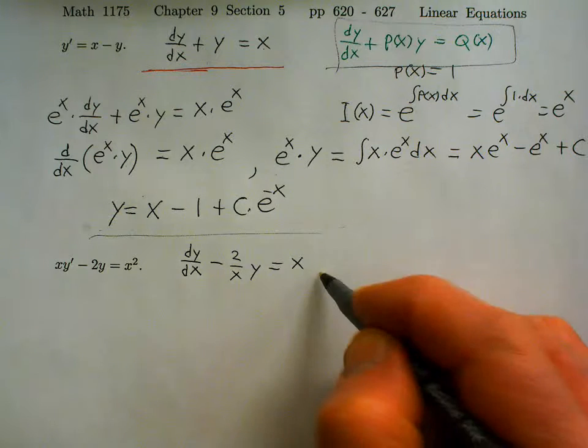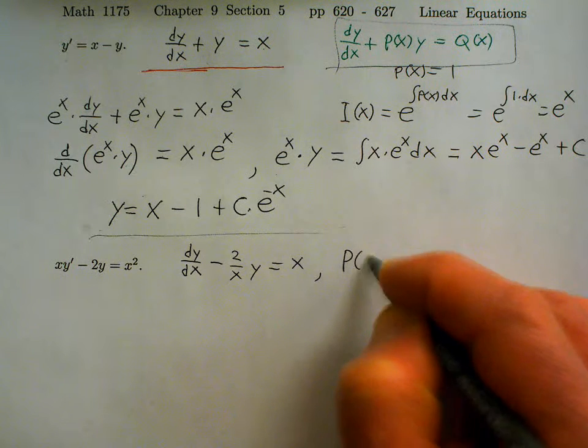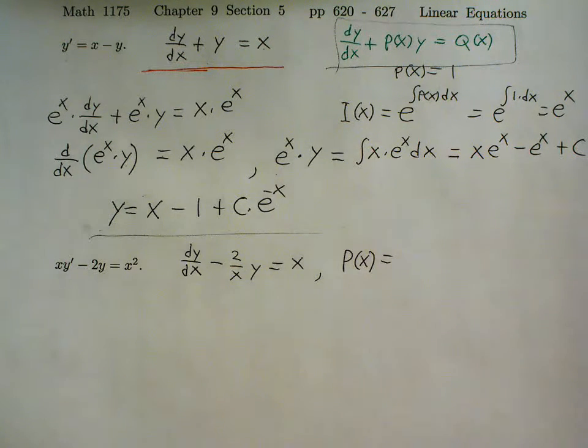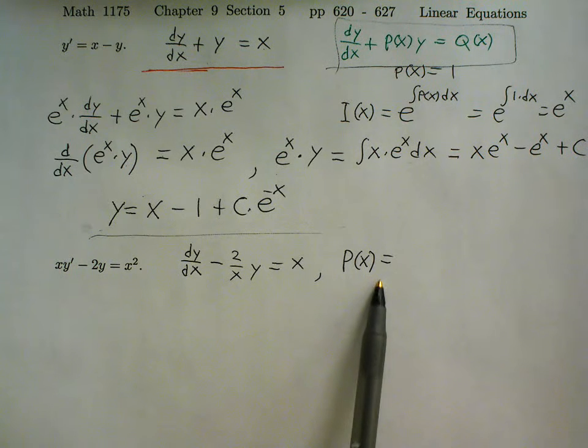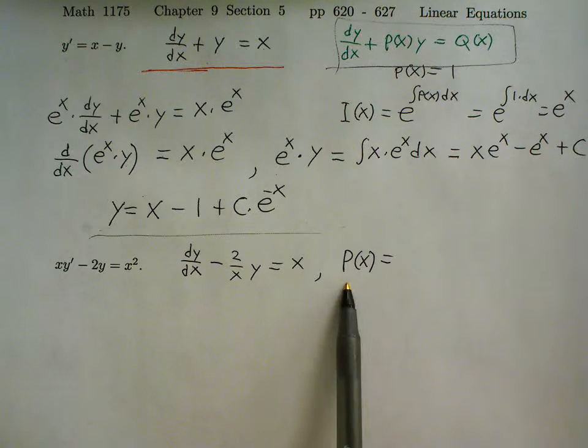Okay, so what's p of x? So this allows us to address a potential issue of confusion. So what should p of x be? Negative 2 over x. Yeah, negative 2 over x.